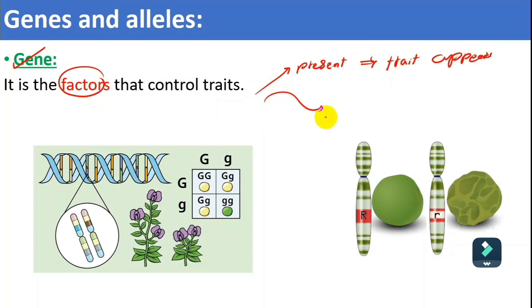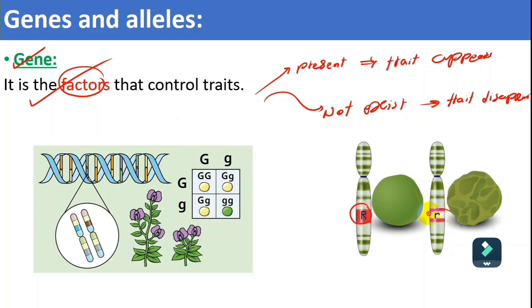But if the gene is not present, does not exist, this means that the trait disappears completely. So the gene is something so important. Gene is responsible for all the traits that we see in our life, on the people we see, and so on.